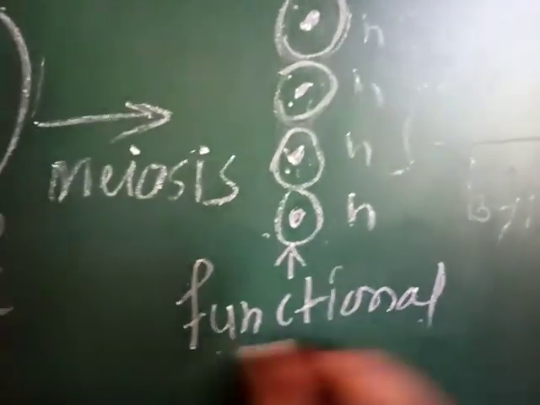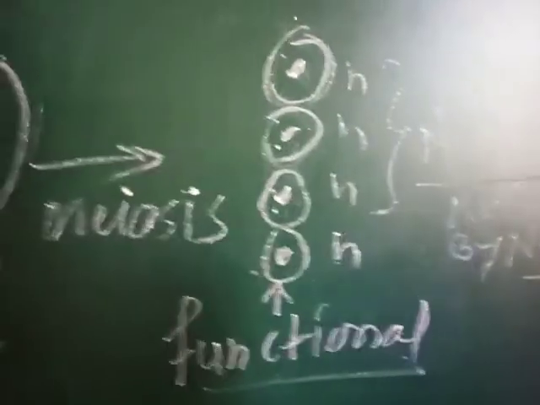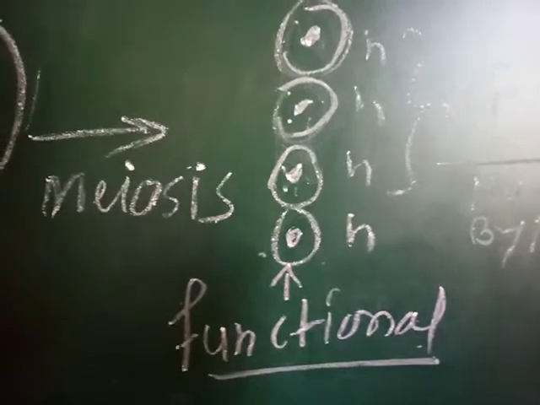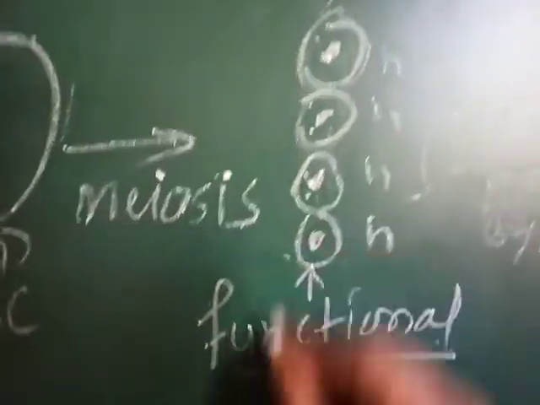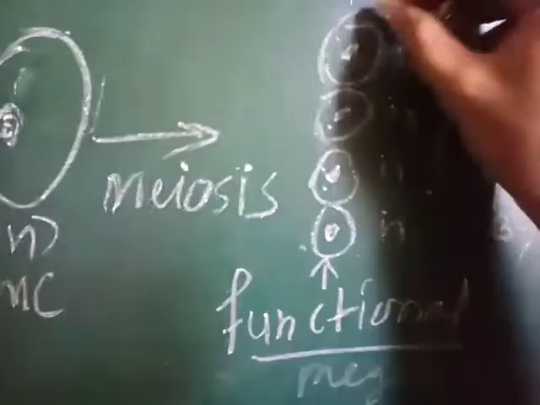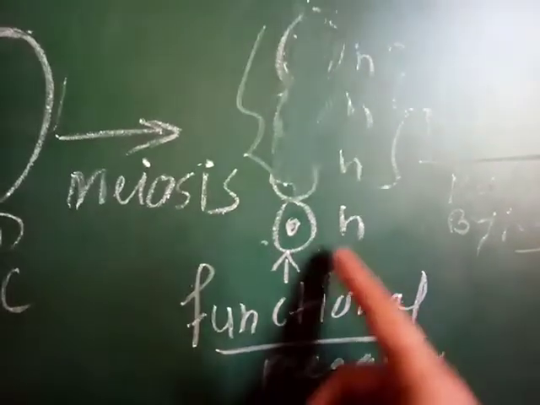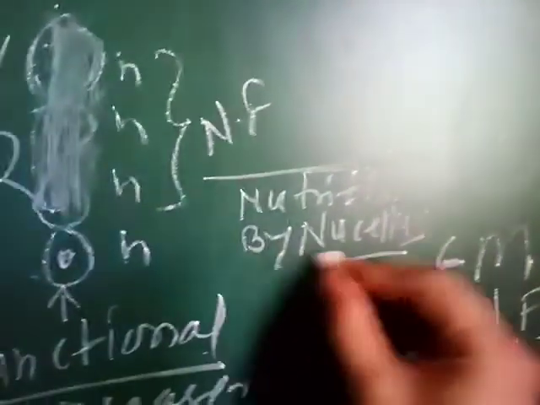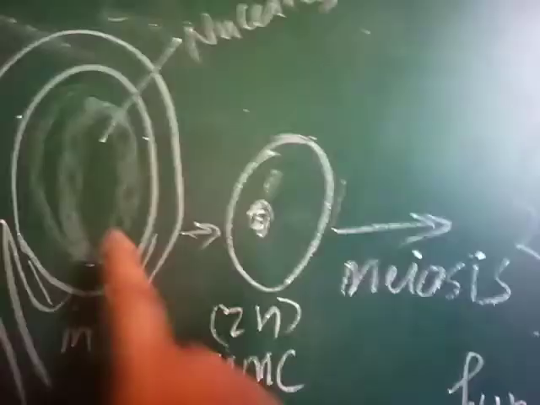Out of these 4 megaspore cells, one becomes the functional megaspore, and the other 3 degenerate. This functional megaspore is toward the micropylar end, and it is provided with the nutrients present in the nucellus.